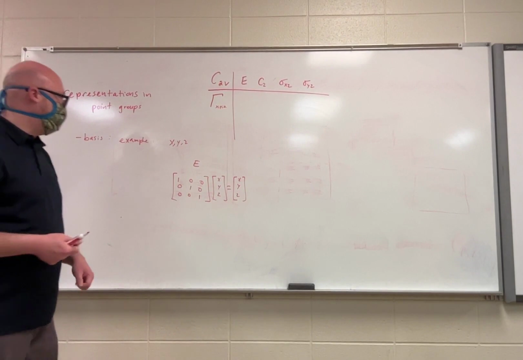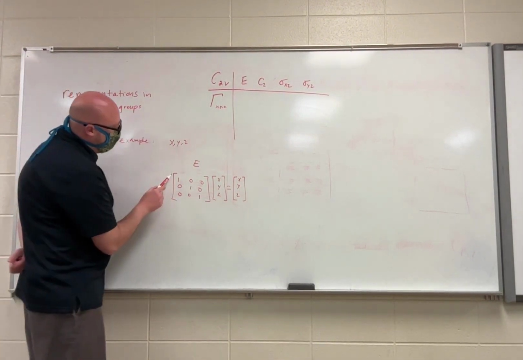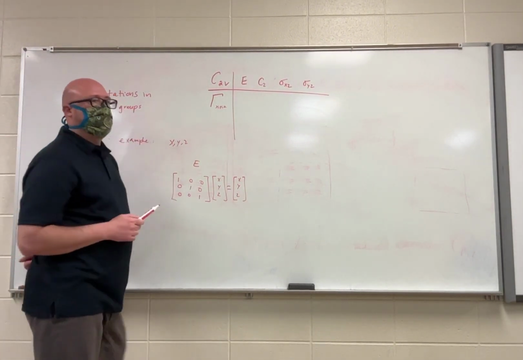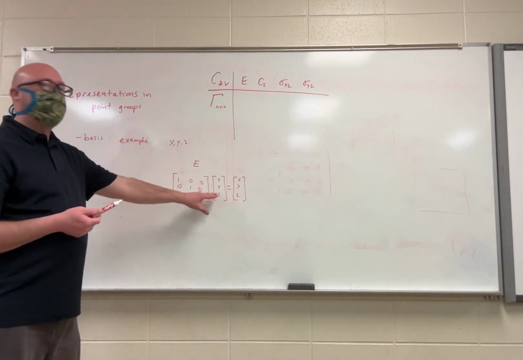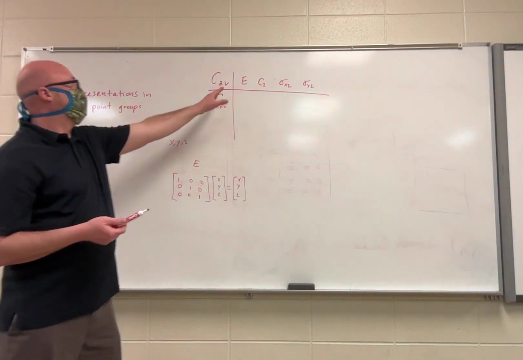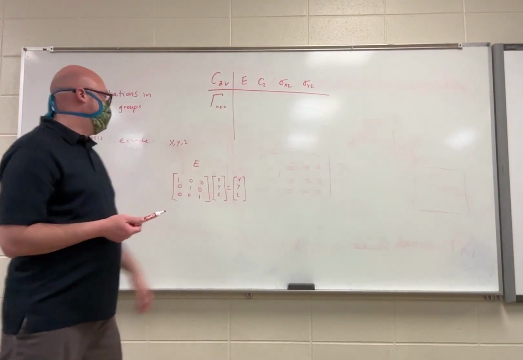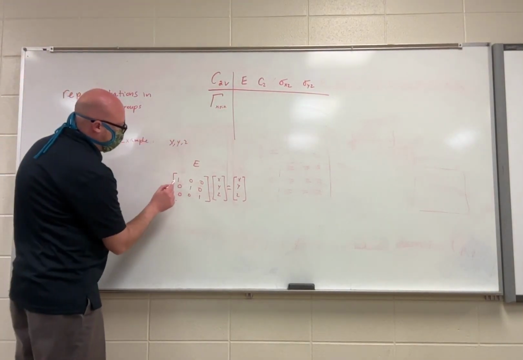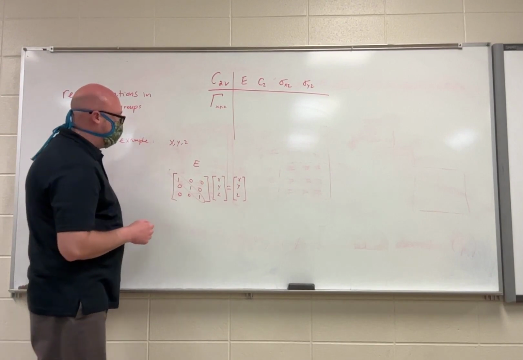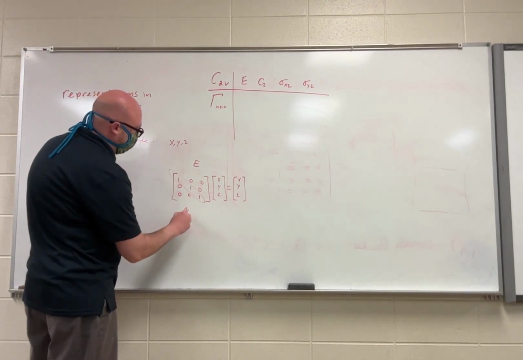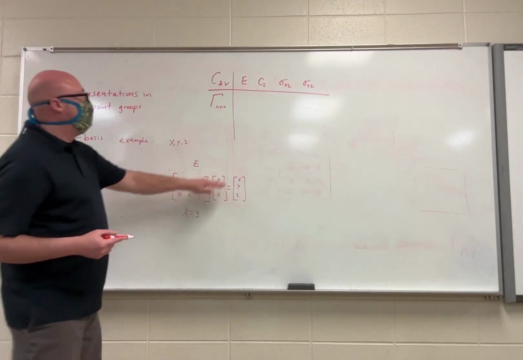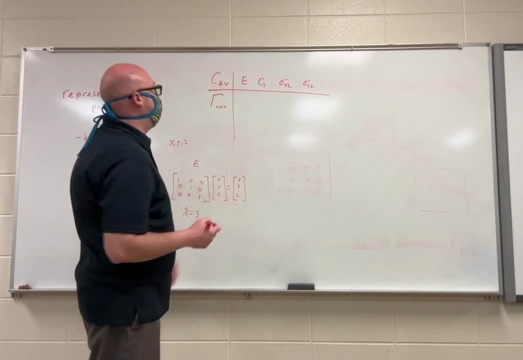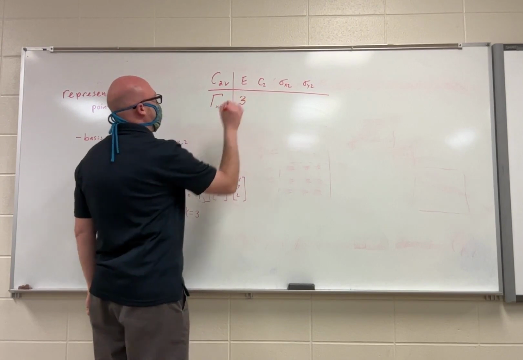That's the identity operation. Now notice, I have a square matrix here representing the transformation of the basis as a result of the action of that symmetry operation. So if I take the sum of the characters along the diagonal of this square matrix, I notice that chi is equal to 3. Okay? So in this way, I've now generated the first value for this representation, 3.